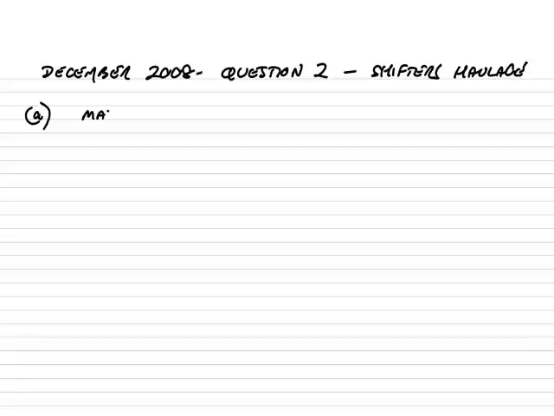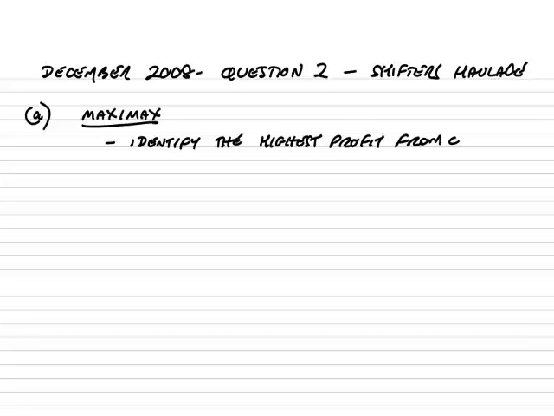So maximax, first of all. When we're uncertain, there's a range of possible profits we could end up with. With maximax, we identify the highest profit from each course of action.